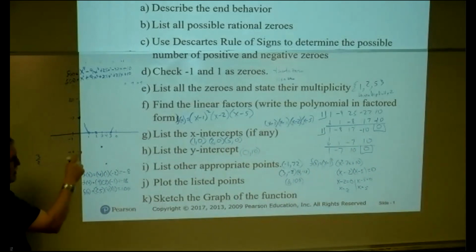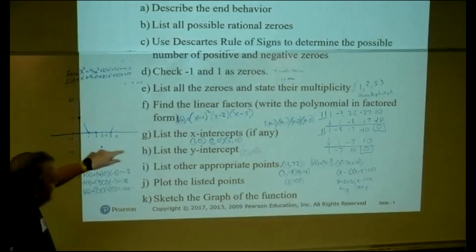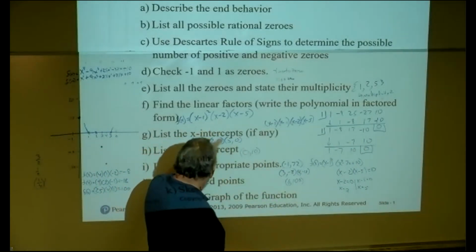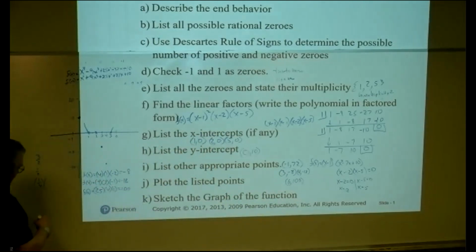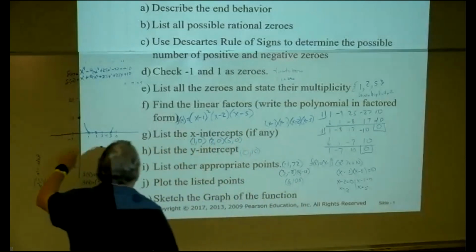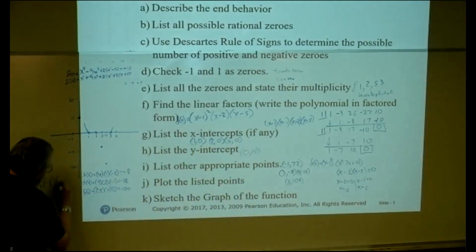So 3/2 minus 1 is 1/2, and 1/2 squared is 1/4. 3/2 minus 2, that's 3/2 minus 4/2, which is a negative 1/2. And then I'm going to do 3/2 minus 5. 5 is 10/2. So 3 minus 10 is 7. So that's a negative 7/2.